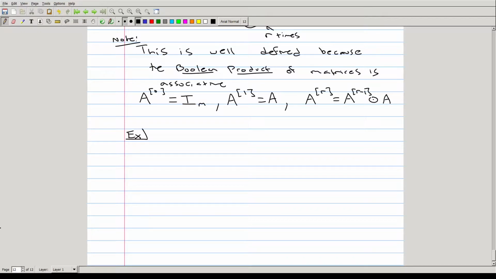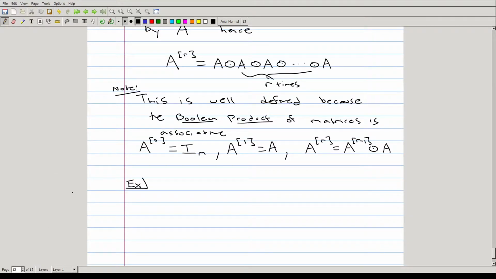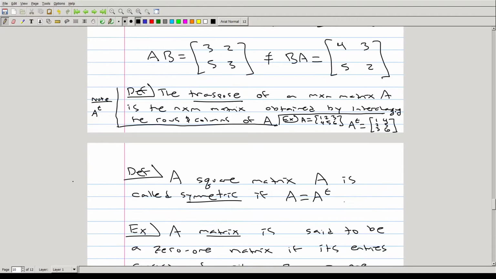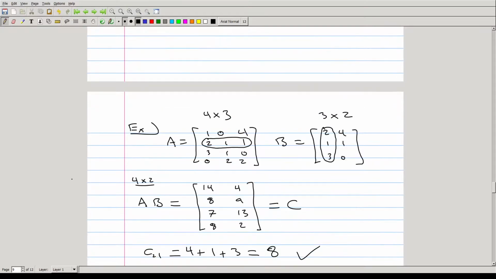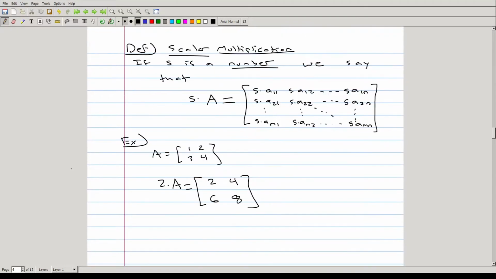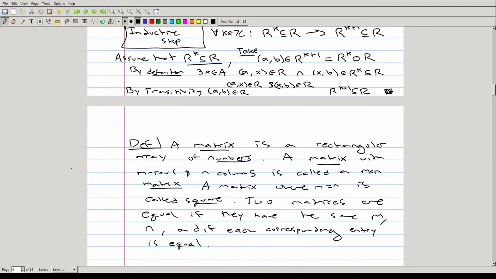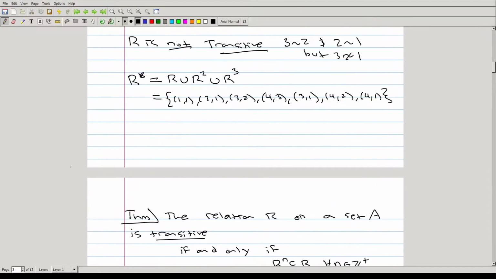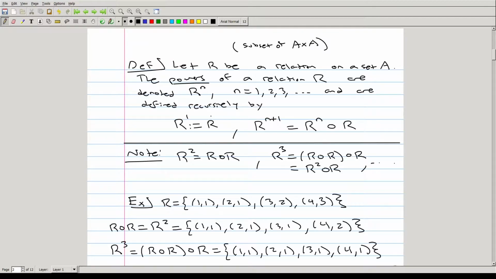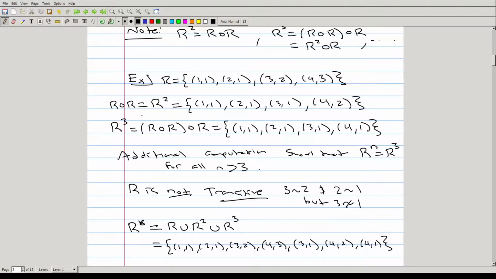And this is where things get really neat, because we can consider our example from part 1. If we go up to recall that example, the first example that we did of the power of the relation, we'll note something very nice.